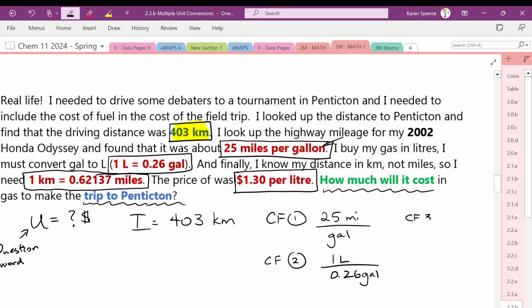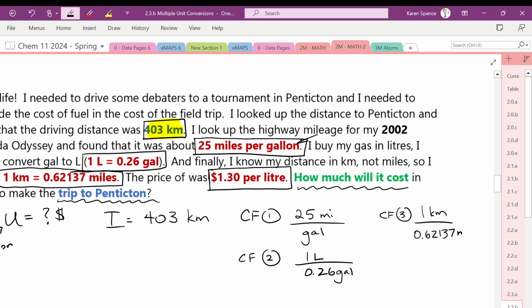Conversion factor 3, I am given that 1 kilometer is 0.62137 miles. And conversion factor 4, I know that it was $1.30 per liter.